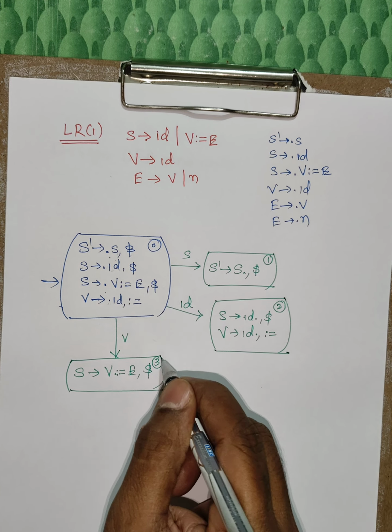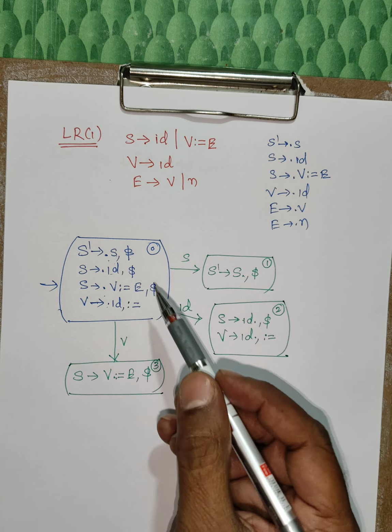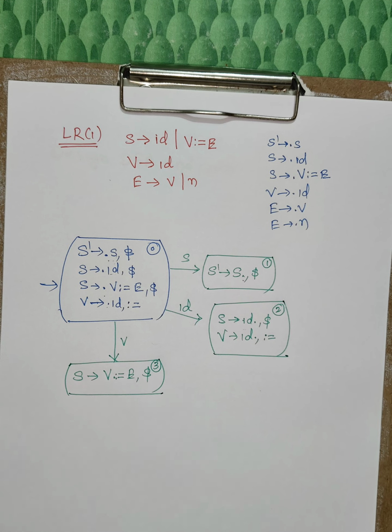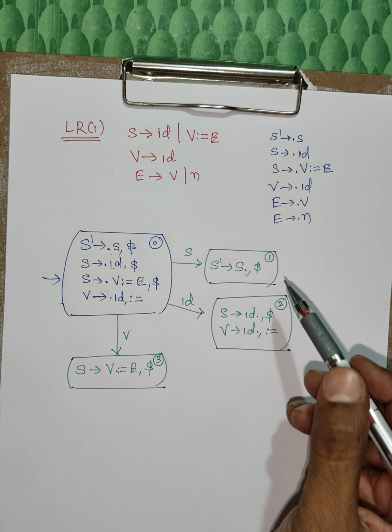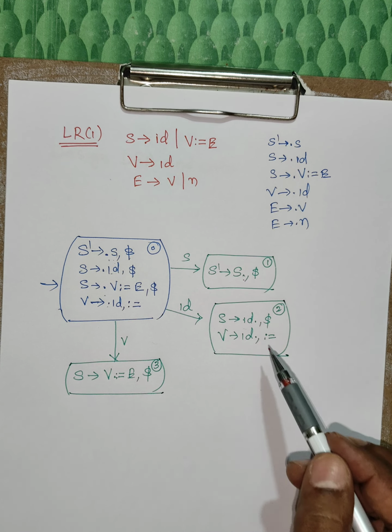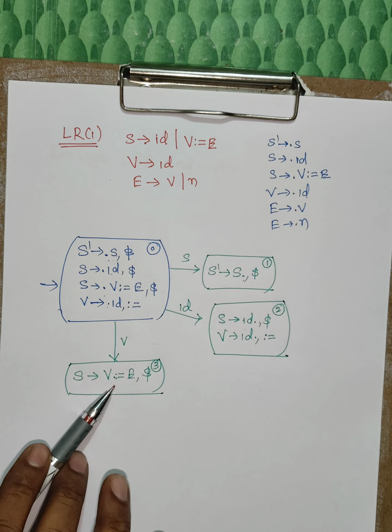This is state 3. Next check, transition on S is over, transition on id is over, transition on V is over. Next, check from 1, but 1 is a final state, we cannot take a transition. 2 is also a final state, from this also we cannot take a transition.